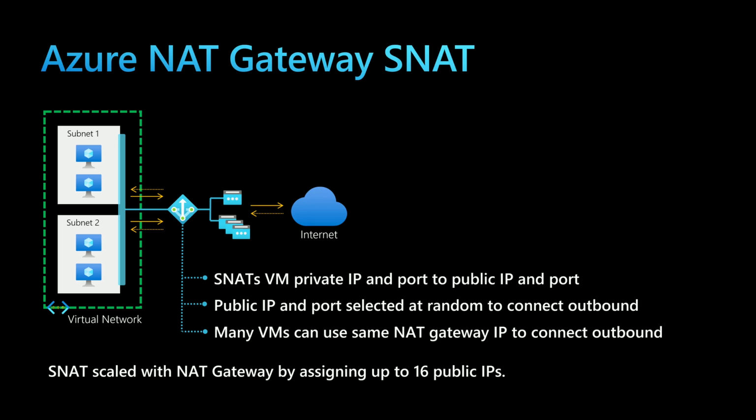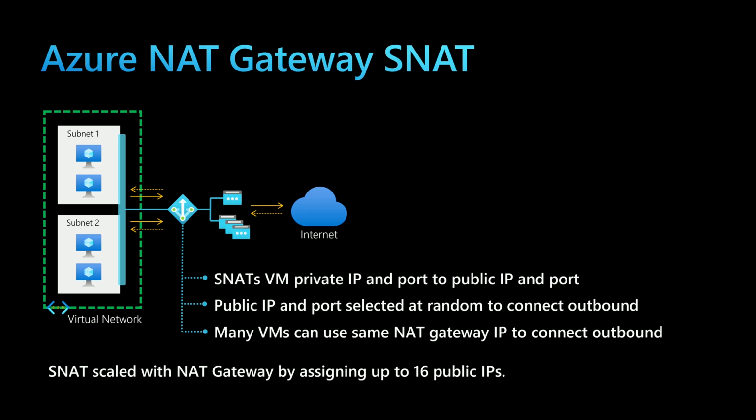The public IP and the port number are then selected at random to connect outbound. Those public IPs will be shared among all the VMs within the subnet, so many VMs can use the same NAT gateway IP address to connect outbound. A NAT gateway supports up to 16 public IP addresses that could be assigned.